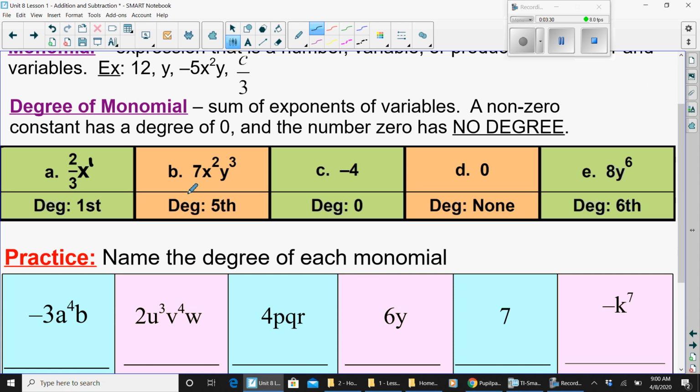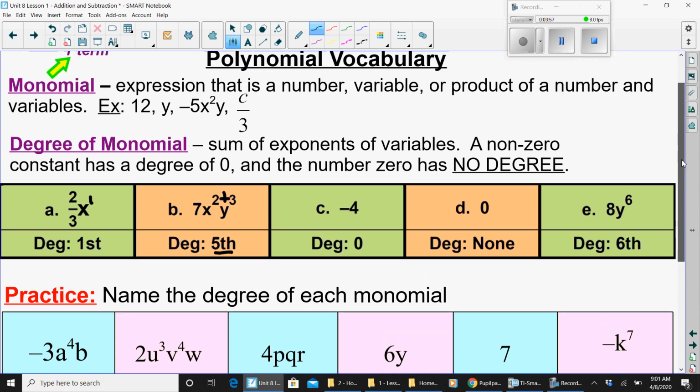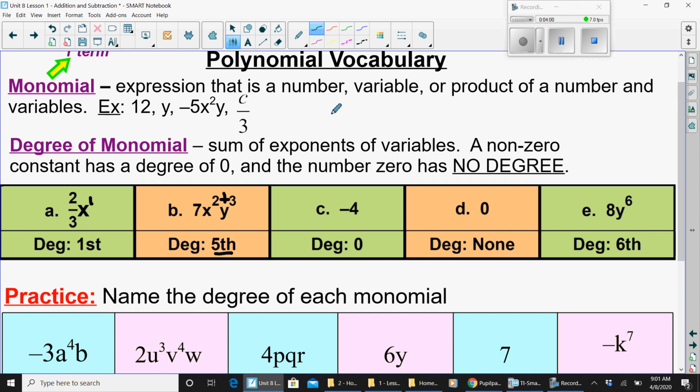And then this has 5th degree because it's x squared and y to the 3rd. The exponent 7 does not count. So x squared, y to the 3rd, 2 plus 3, that's 5. And this is exactly what we're talking about, a number here, where it says the non-zero constant has a degree of 0.